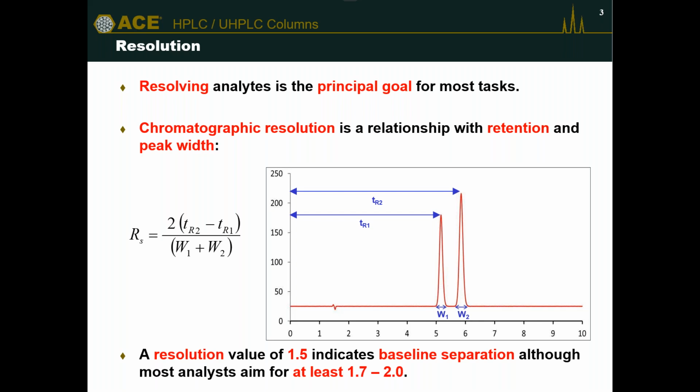Ideally, when we're developing our methods, we want to aim for 1.7 or 2. That would be better than starting with a resolution of 1.5. Sometimes it's not possible, but the more separation, the more resolution you have for those two analytes, potentially the more robustness you have in that method in case parameters change. So this is what we're looking for, good resolution between our analytes.